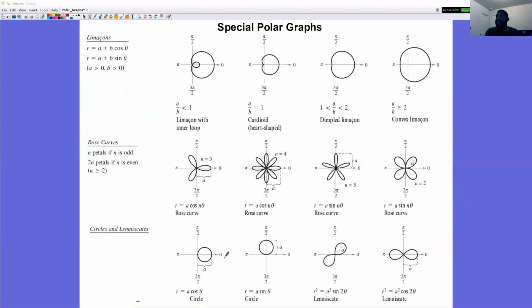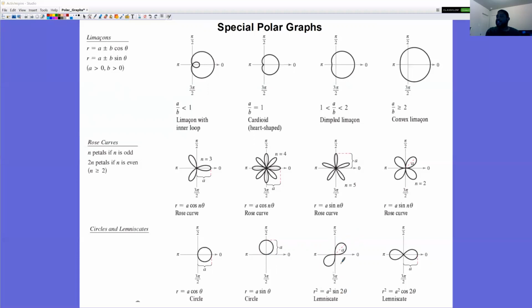And then on the last row, you see here you have some circles, you have some limaçons. And pay attention to where the circles are located. So if your equation takes this form, your circle's on the polar axis. If your equation involves sine, then your circle's on the line theta equals pi over 2.